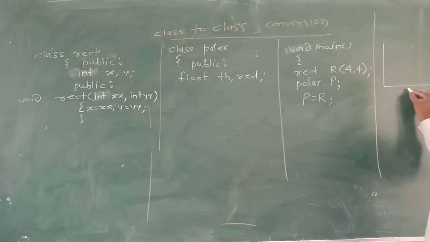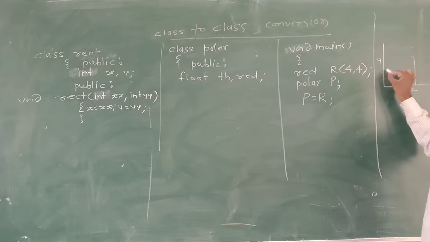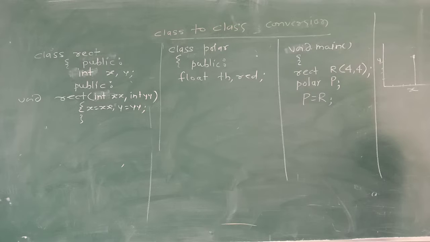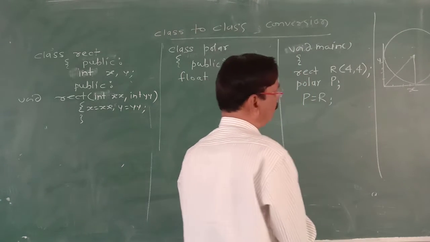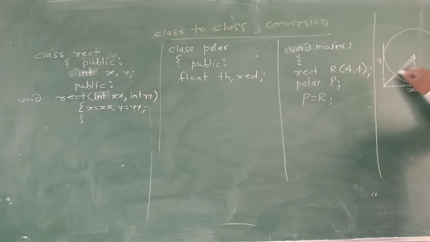This is the x, y, x and y. So this will be the radius, and you can say that this point is represented by xy coordinates, whereas this point can be represented by theta and radius.